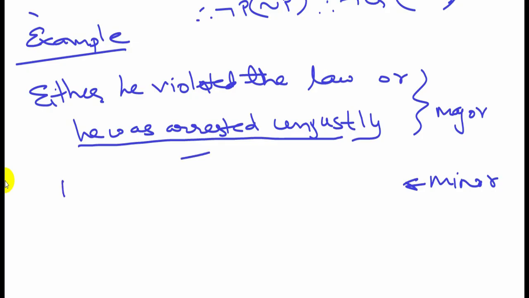First the minor premise affirms he violated the law. Therefore, the conclusion will state, if this is true, then this will be denied. So, he was not arrested unjustly.